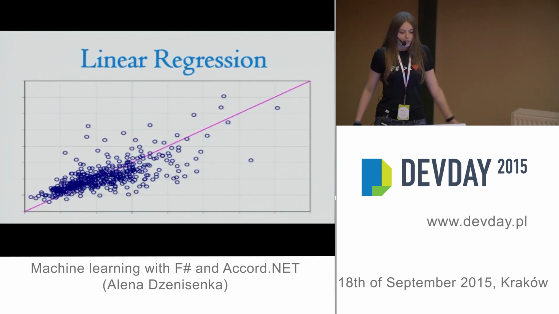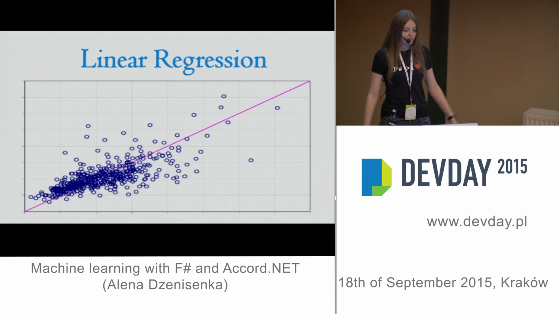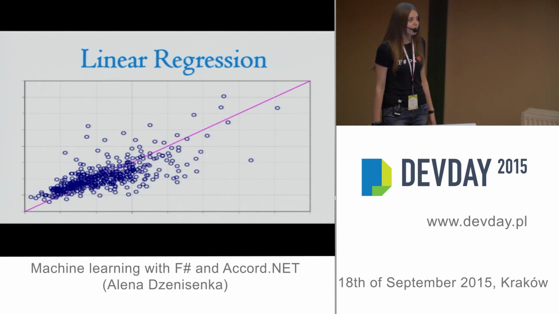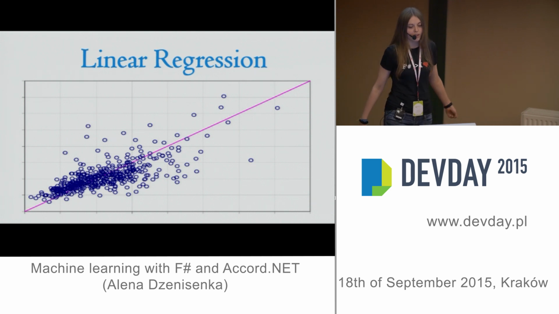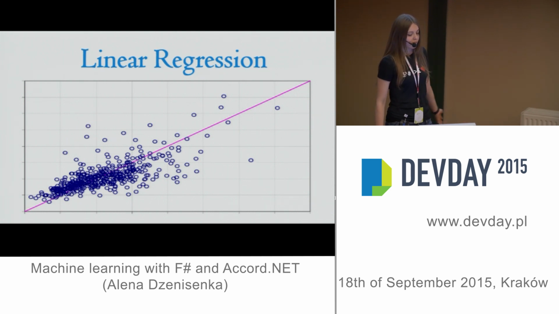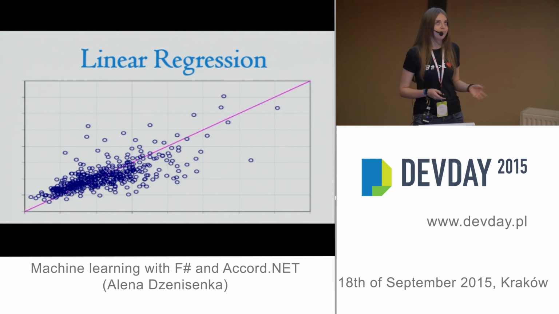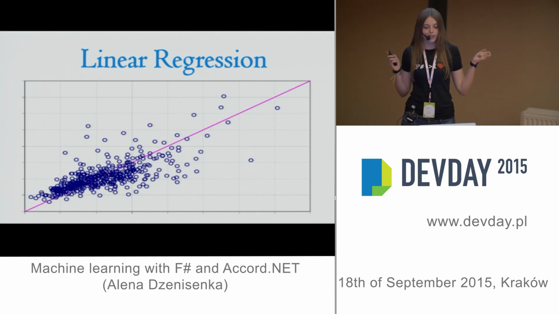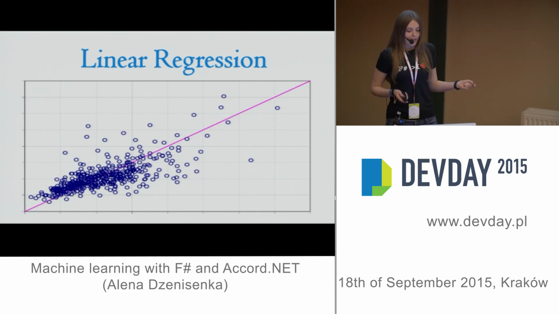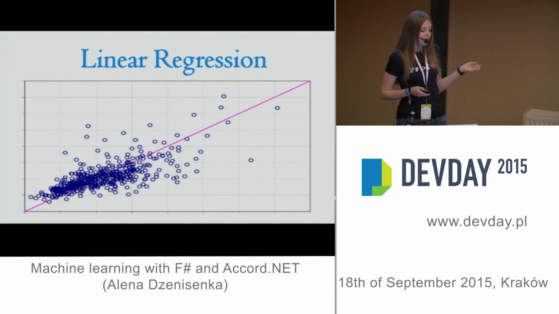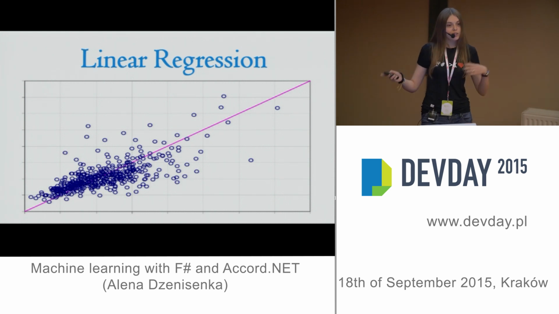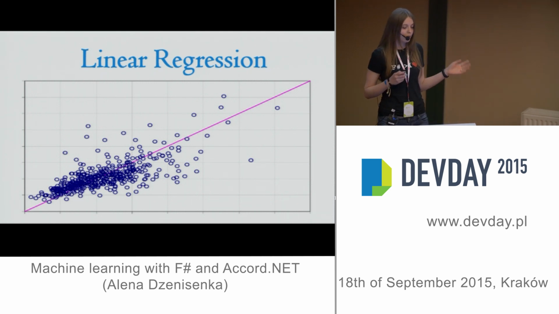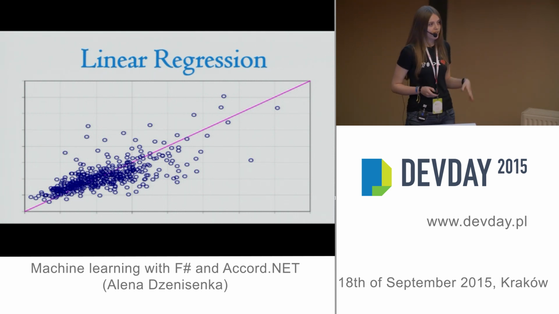The first algorithm is linear regression. This is the simplest algorithm in machine learning that we can use. Suppose we want to predict something, let it be the exchange rate for some day in the future. Regression is the prediction of some number from a continuous range. In supervised machine learning, we always have training data and test data.